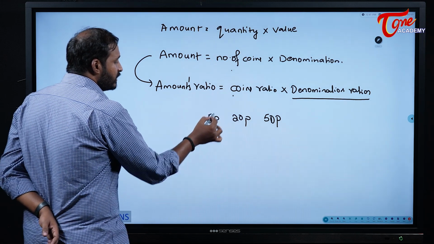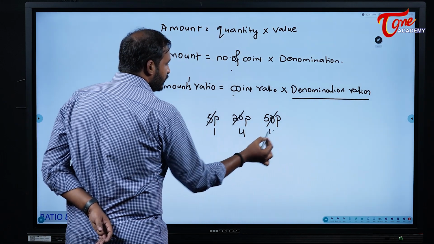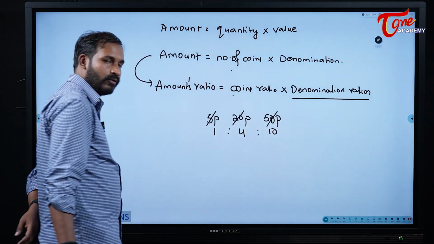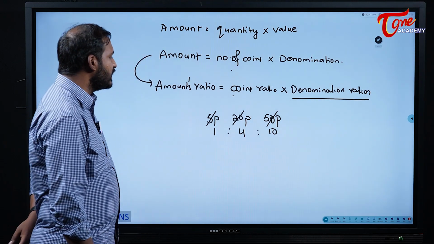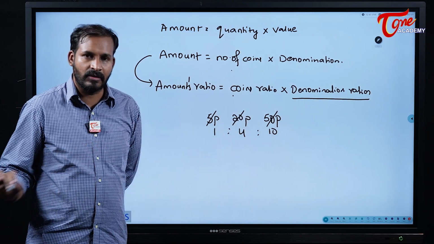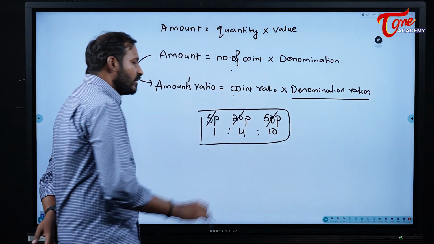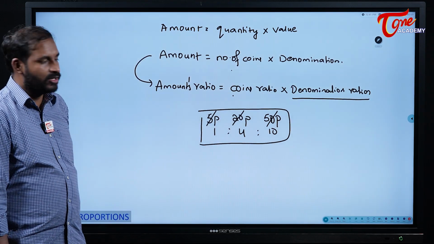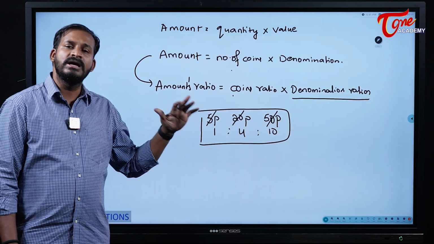What will be the denomination ratio? 1:4:10. We should write the denomination ratios from the given denominations and then apply them in the required problem.